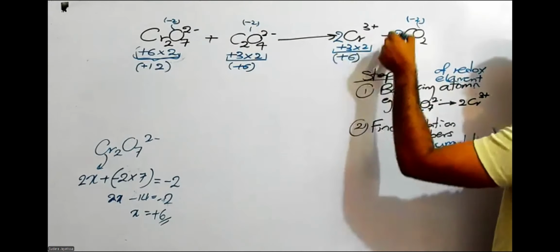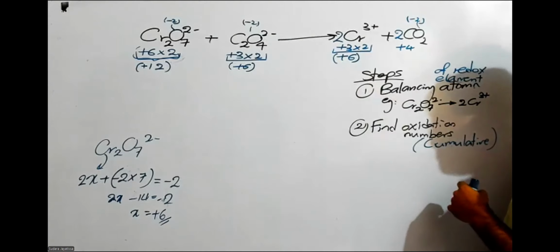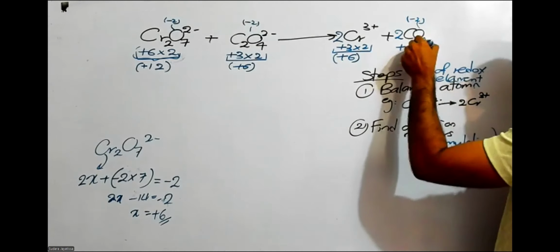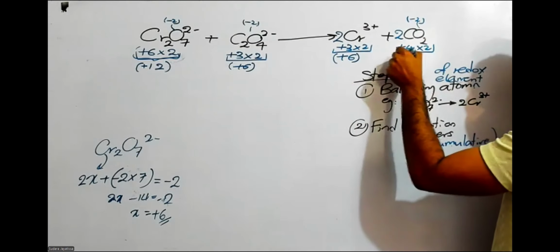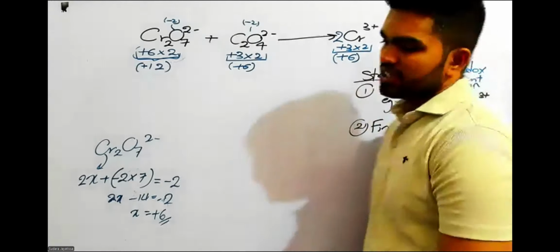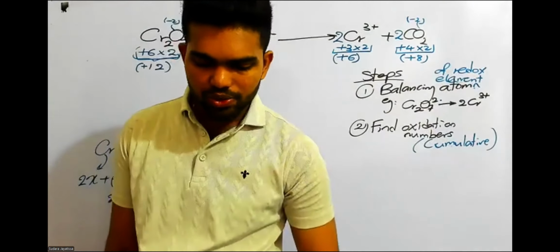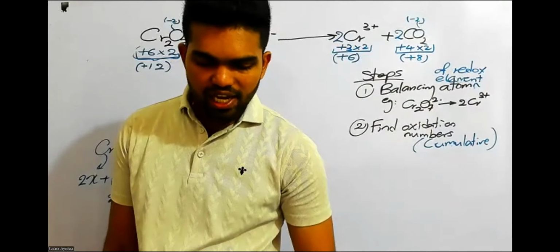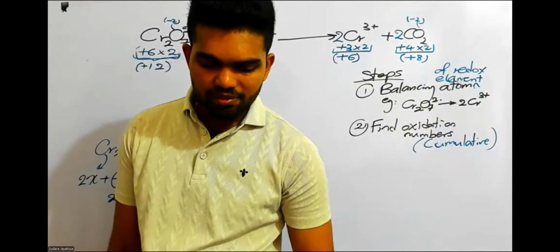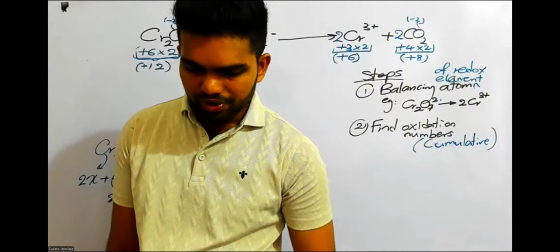And here also you can see one carbon atom in carbon dioxide is +4, and there are two carbons, so it is going to be +8. Understood? This is our cumulative oxidation numbers. So what you need to do: first balance the atoms and then find cumulative oxidation numbers. I hope that it is clear for all of you.